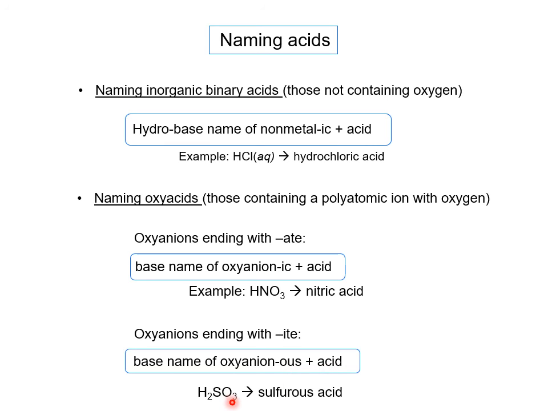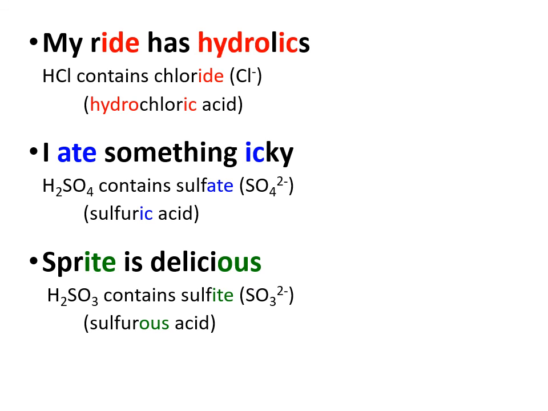So this is sulfite. It becomes sulfurous acid. Okay, so for the oxyacids, pay attention to the polyatomic ion and see whether or not it ends in ate or ite, and then follow the correct rule.